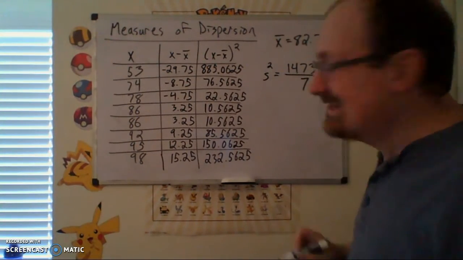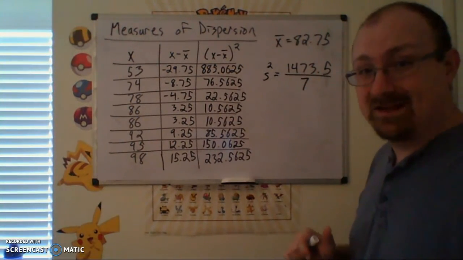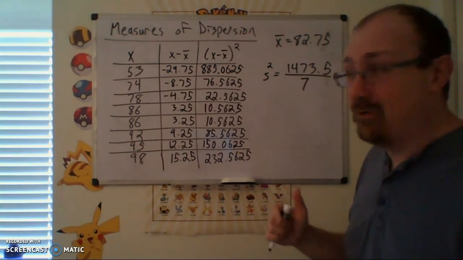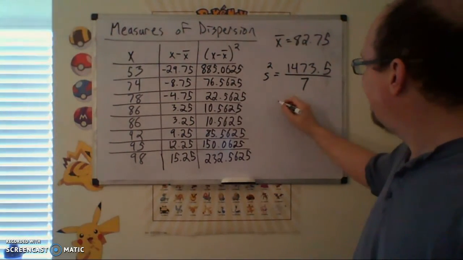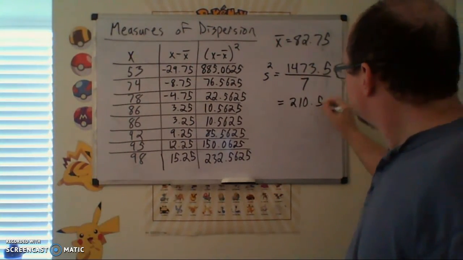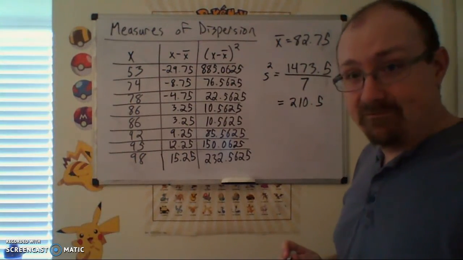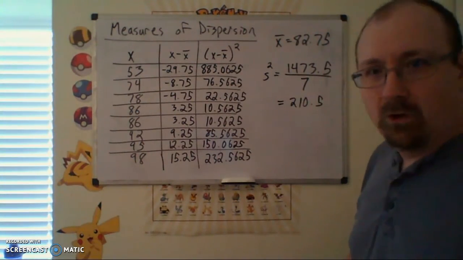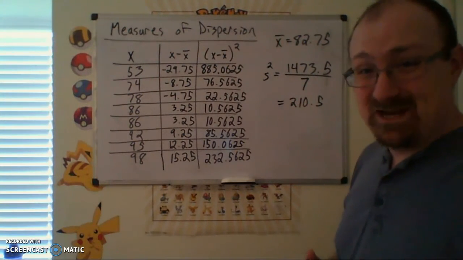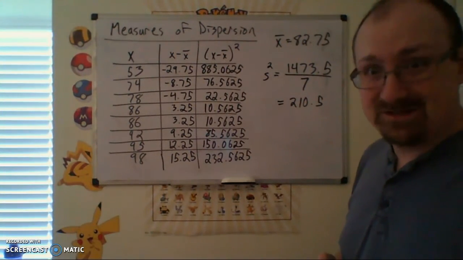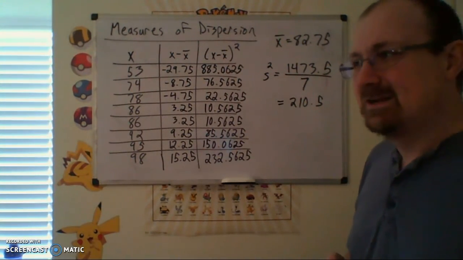And that is, in fact, what we would call the variance of our data set. Variance is conventionally denoted with a lowercase s squared. And if you work out that division, we get 210.5. All right, so that's our process. I like looking at it laid out step by step as a process. You'll see this process laid out in the PowerPoint slides.